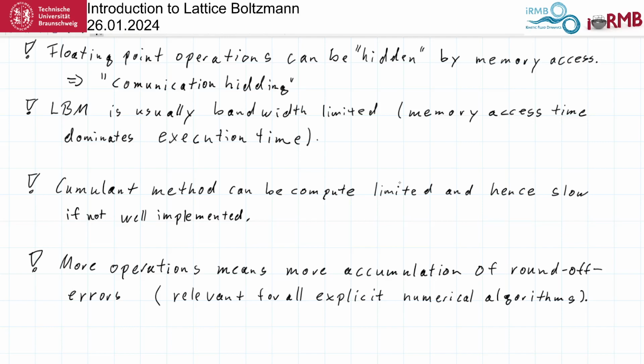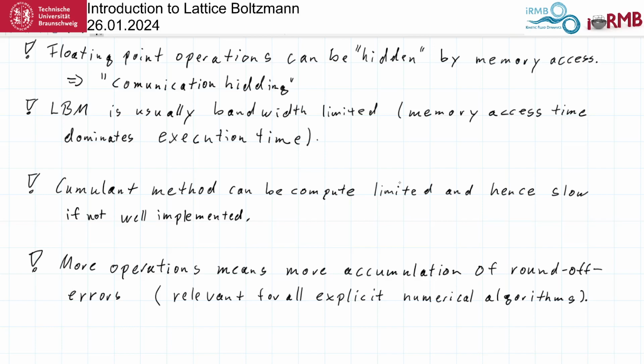And if you think from a mathematical point of view, there's another problem with all of this, namely, you got of course round-off errors due to the computation, and this is the problem that I just tried to address in the beginning. If you have more operations, then you get more round-off errors. Yeah. So this is like computational erosion, and this computational erosion is stronger in the cumulant method than in the BGK method, because there are more computations one after the other.